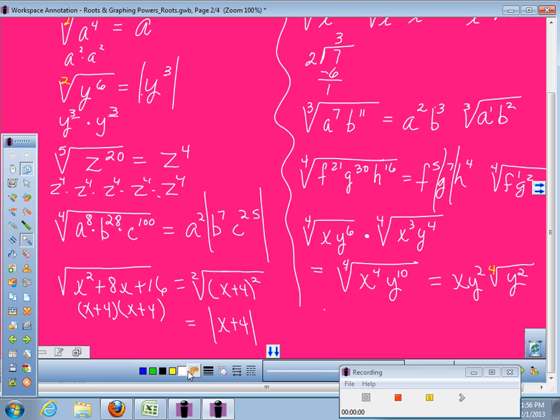Now, the question is, did I need any absolute values? And where do I look? If you look right here, after we multiplied it together, the index of 4 is even, and both the x to the 4th and y to the 10th were even. Looks like the x came out odd, so it looks like we should use an absolute value. It would be wrong.